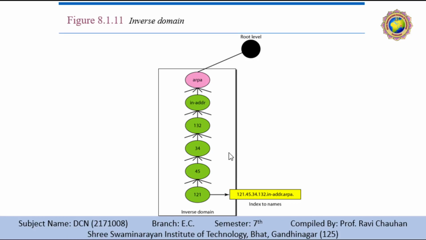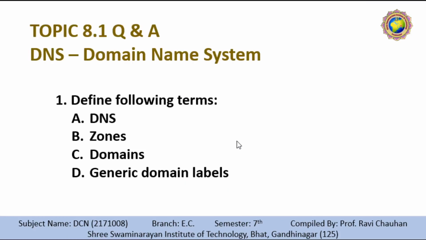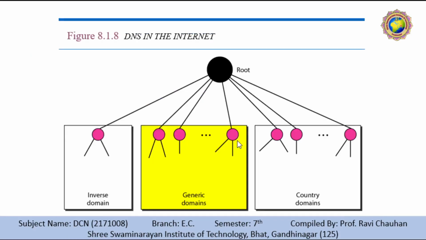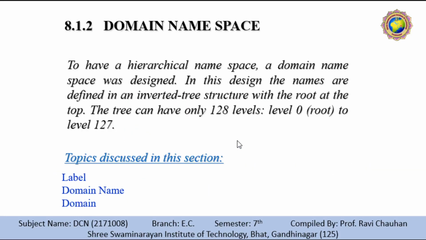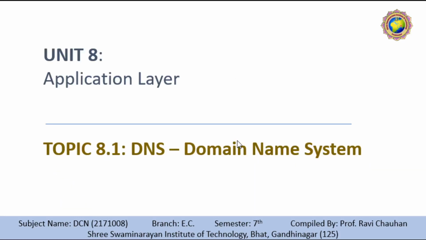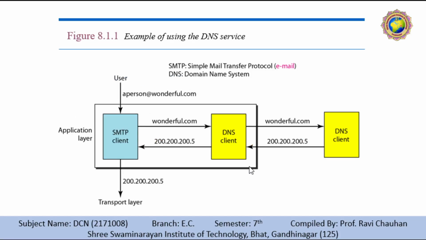So that is the end of our discussion. Let's revise it. We started our discussion with the objectives of the application layer. After that, we defined the domain name system. A particular figure explains the function of DNS and the services of DNS.